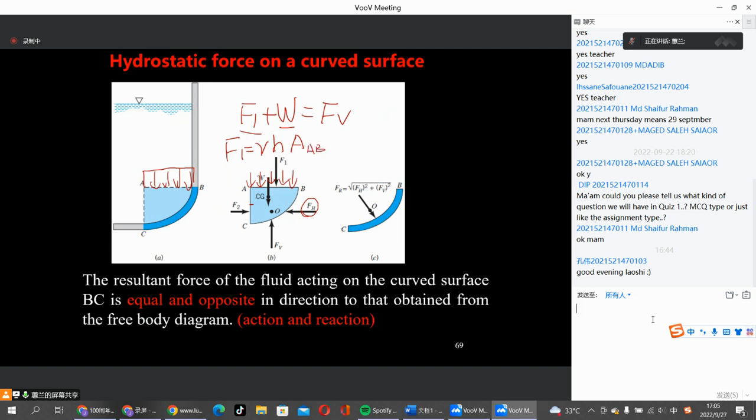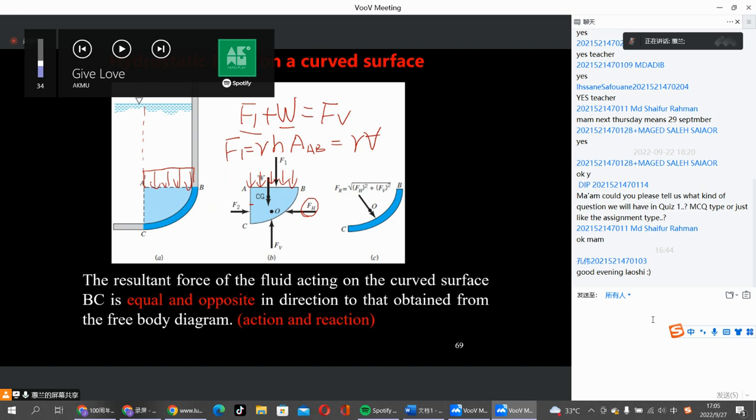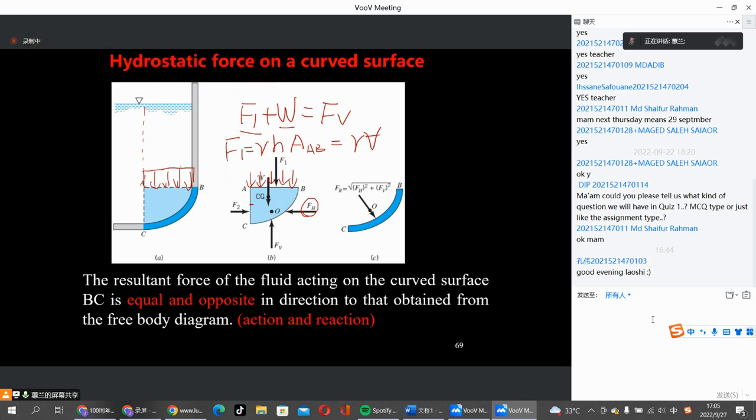H times the area of AB is actually the volume from the horizontal projection plane AB to the free surface. Gamma times the volume is the weight of the upper fluid. So F1 is the weight of the fluid volume for the upper part, and W is the weight of the fluid volume.